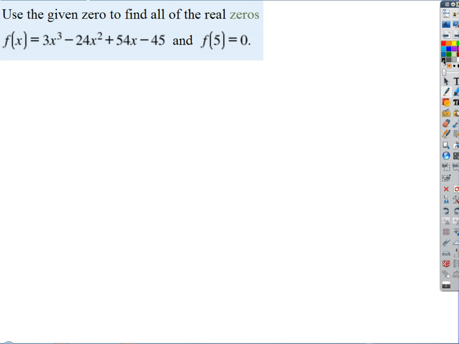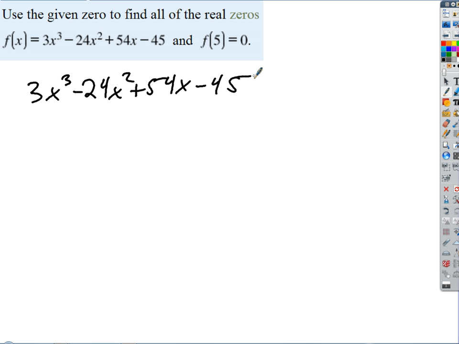Okay, so if 5 is one of the zeros, I have to find the other zeros. What's my technique for doing that? In that last example, remember, we found the other factor. We're trying to find the zeros of this.